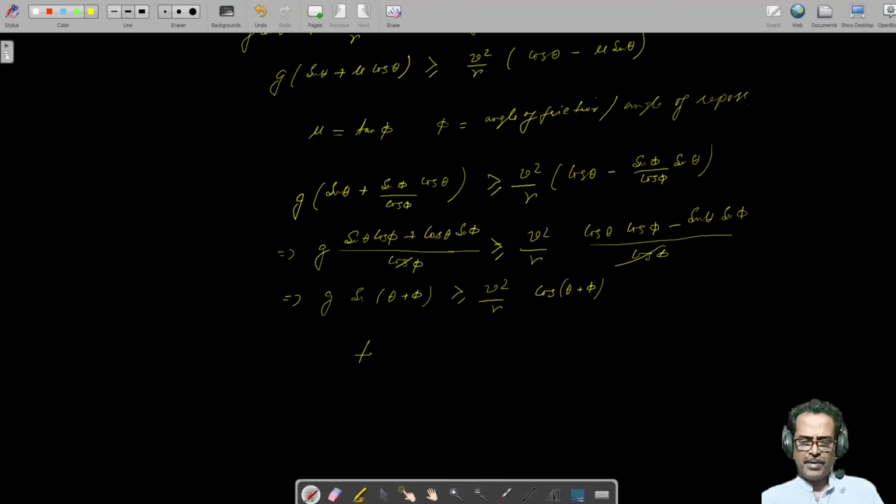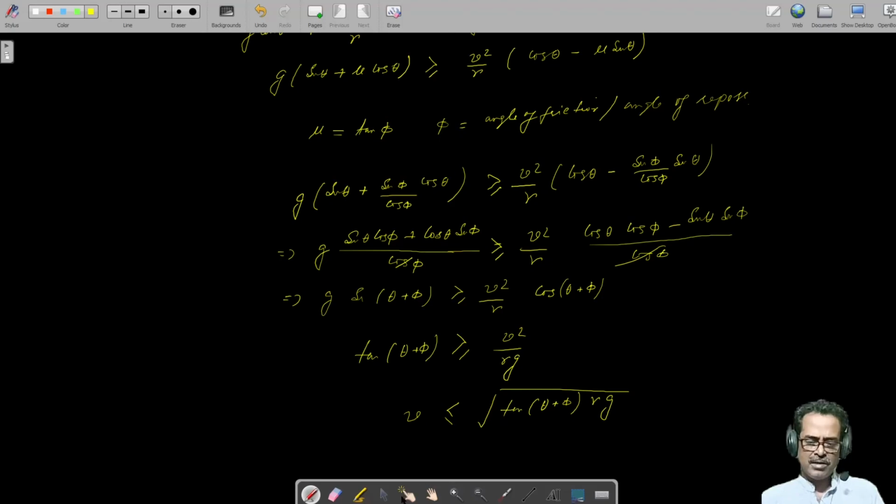So tan(theta plus phi) is greater than or equal to v square by rg, and the maximum speed v is less than or equal to the square root of rg tan(theta plus phi). This is for joint entrance purpose with friction, without friction for board purpose.